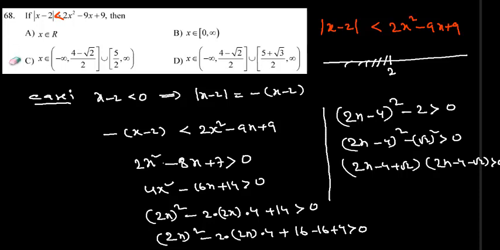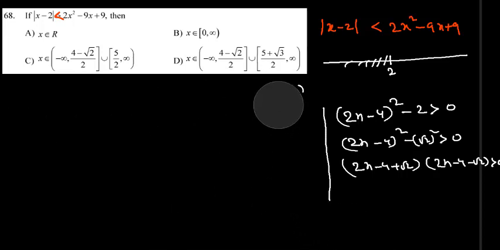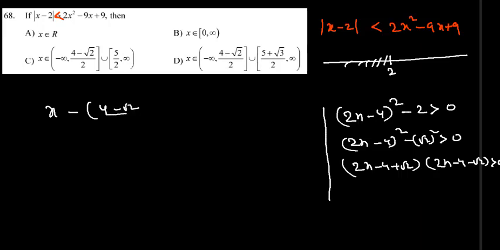Students, actually what is the case? x minus 2 less than 0, that is x less than 2 case. So I have completed our case. This is nothing but x minus (4 minus root 2 by 2) into x minus (4 plus root 2 by 2) greater than 0.